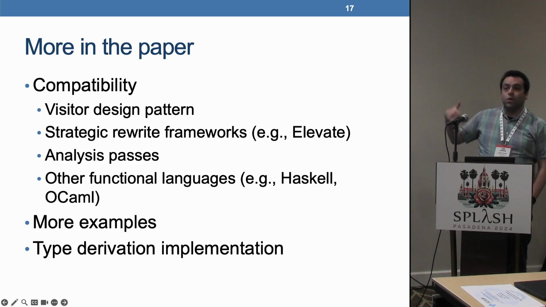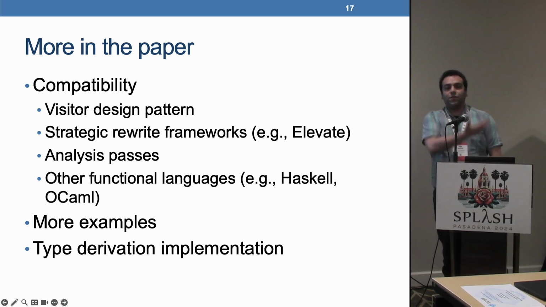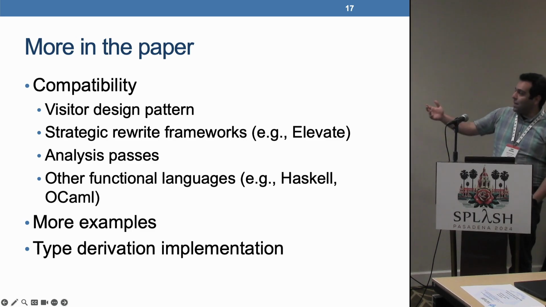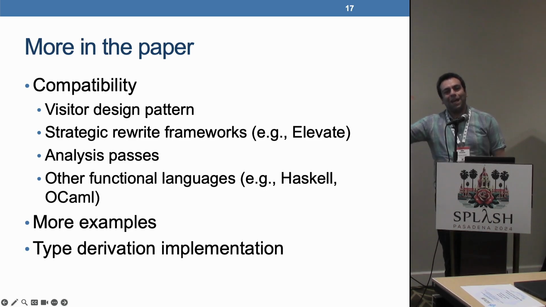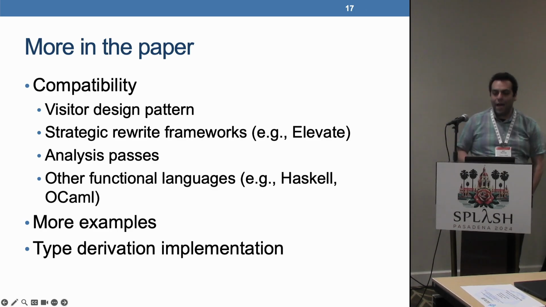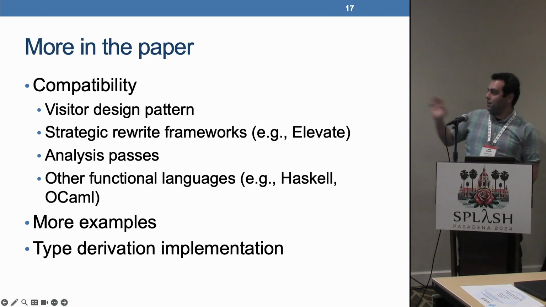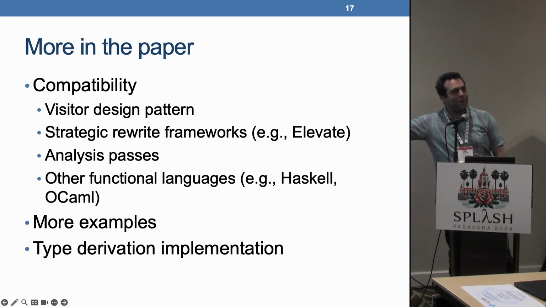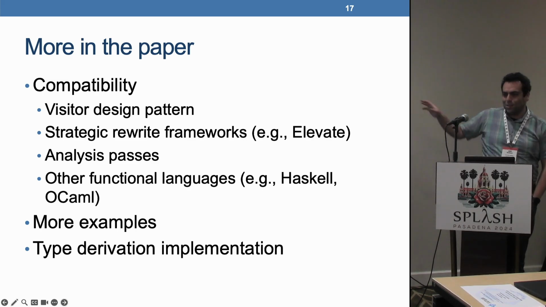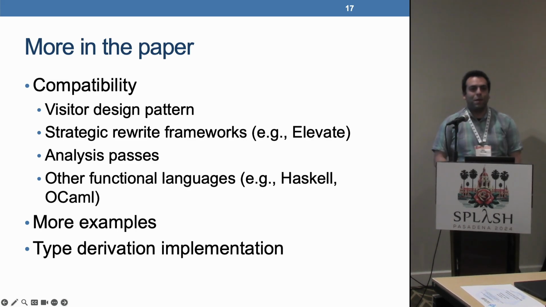And you can not only develop transformation passes, you can also develop analysis passes with that. We also show some ideas how this can be implemented in other functional languages, such as OCaml and Haskell. And we definitely show more examples, and the implementation of the type class derivation that I didn't show here is also in the paper.